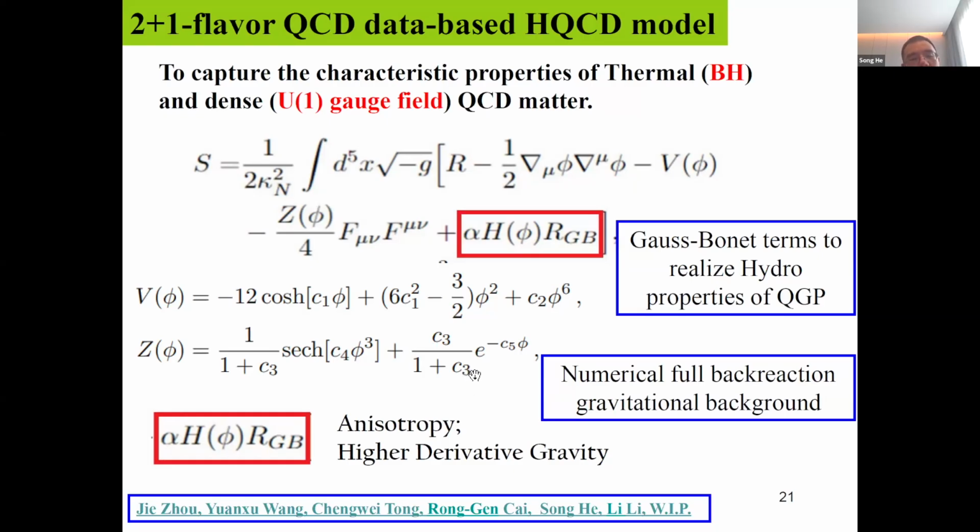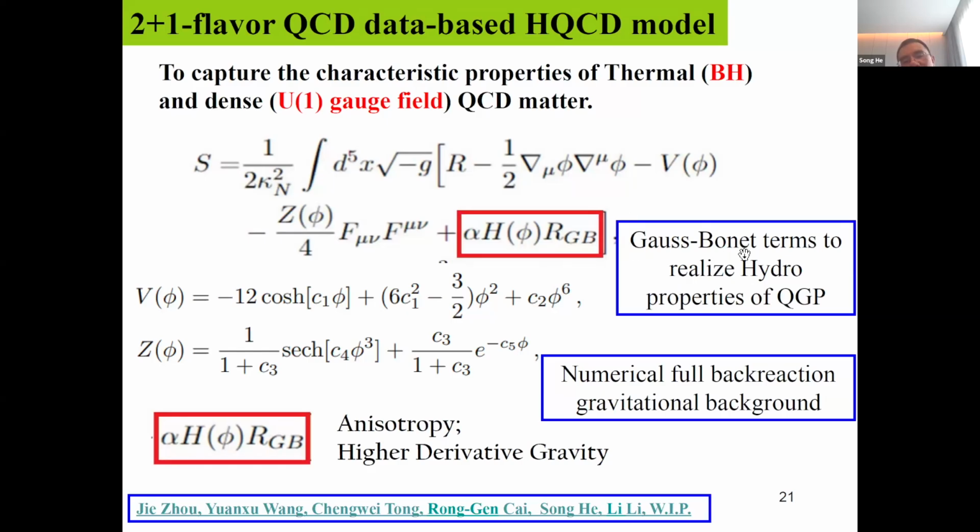And here, from human learning, we learn that higher derivative gravity will change the shear viscosity and bulk viscosity. And naively we guess we just introduce the so-called Gauss-Bonnet term.